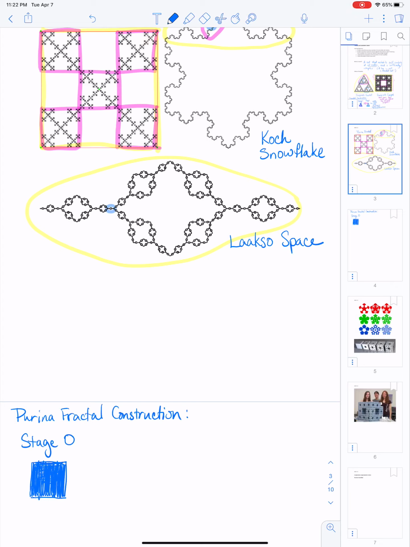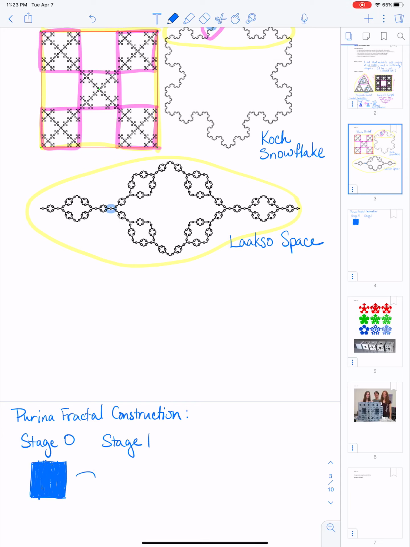Then in the next stage, we will shrink this down by 1/3 again and put together 5 copies of the shrunken down square.